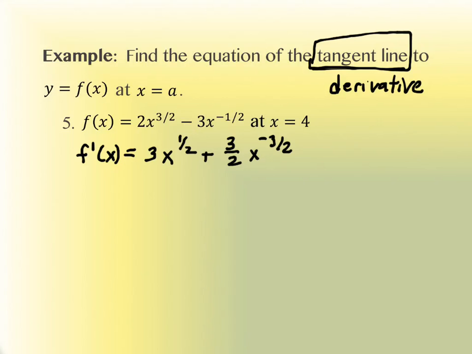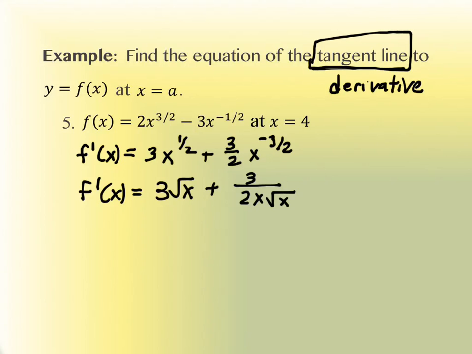So it might be worth it to think about this as 3 square root of x, plus 3 over 2, and then this x to the 3 halves is in the denominator now, so we have x to the 3 halves. 3 halves is the same as 1 1/2, right? So that means you've got x to the 1 power and x to the 1 half power, which is just the square root of x. Because that's a 1 and 1 half power.